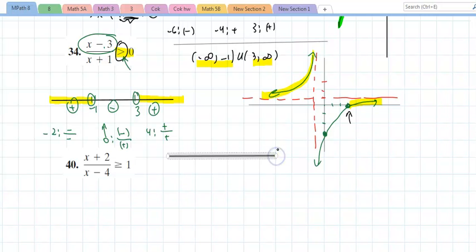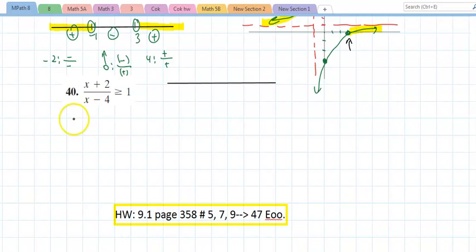And the last problem, as is, it's very hard to do. Instead, what I'll do, cross multiplying is not an option because this is not a linear inequality. You treat a linear inequality like an equal unless you multiply or divide. Then you switch the symbol.